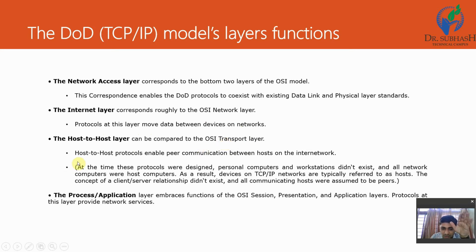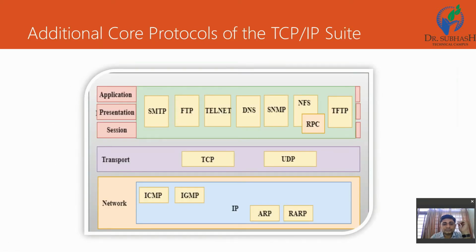It makes peer-to-peer communication between the networks and passes your data. And the last one is the application layer. It covers the session and presentation layers, and provides a GUI platform to the user, through which the user can directly communicate.